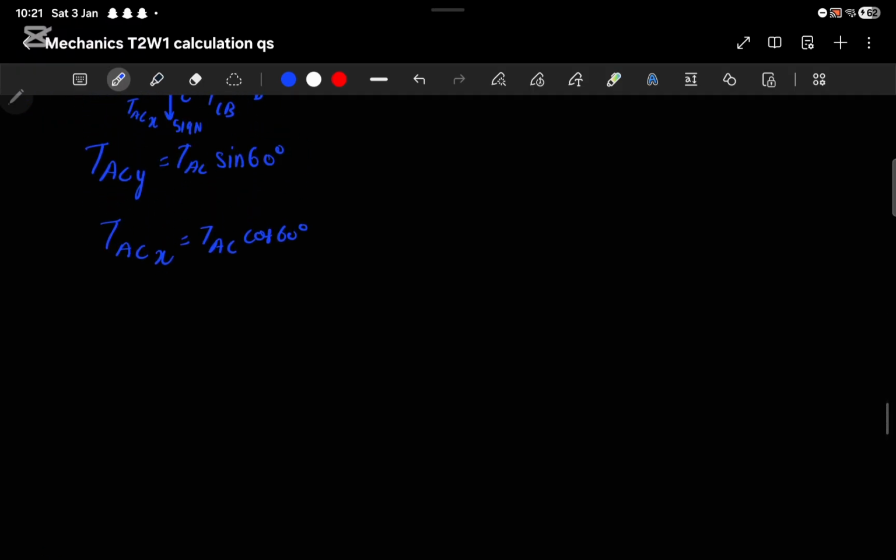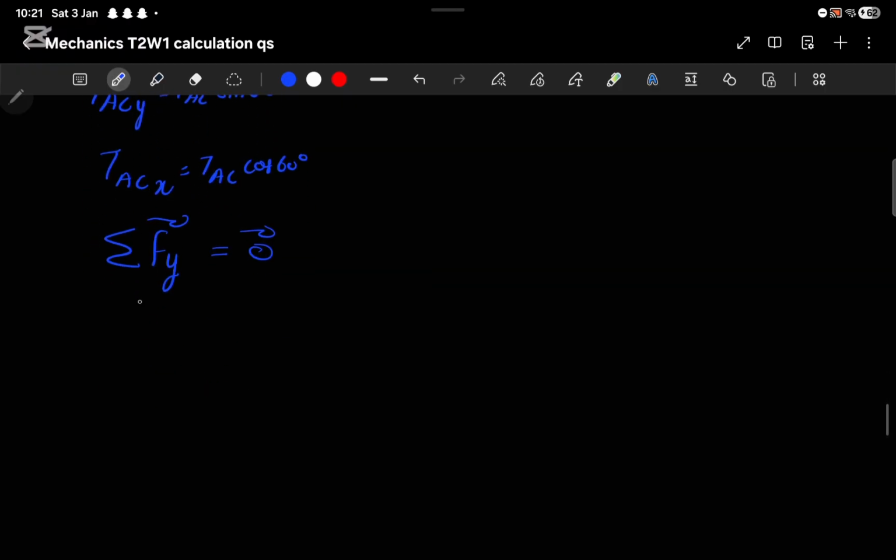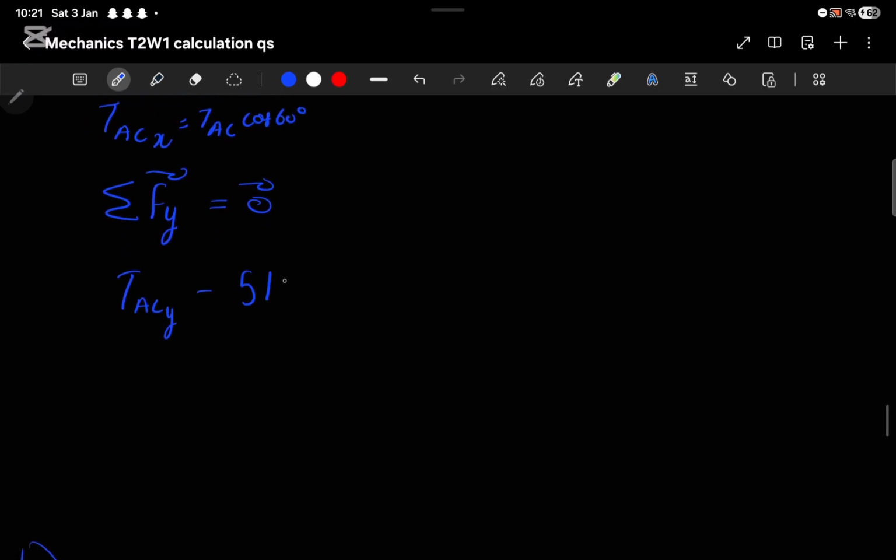So we can write sigma Fy equal to 0. This means TACy minus the weight, which is 519, is equal to 0, which means TACy is equal to 519.